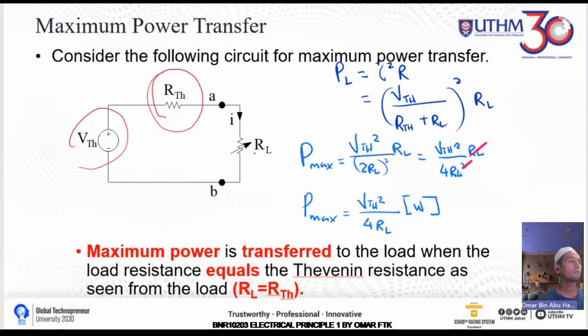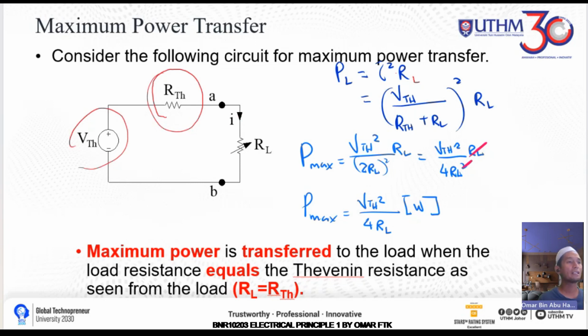From this, if you want to determine the power absorbed by the resistor RL, PL equals I squared times R, so the current I passing through RL times RL.